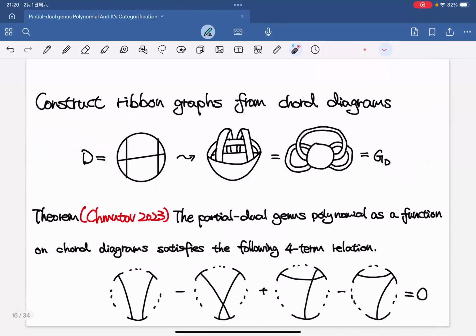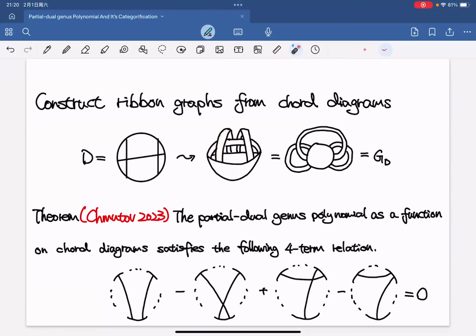So how do we construct a ribbon graph from a chord diagram? Actually, it's quite simple. If we have a chord diagram like this, first we can imagine that this circle bounds a disk, and then each chord corresponds to an edge ribbon, just like this, 1 and 2 and 3.